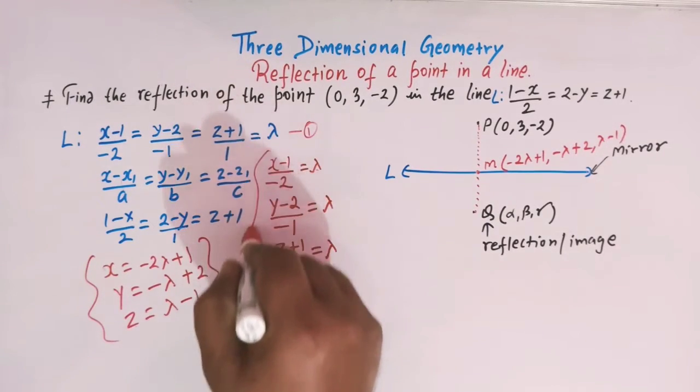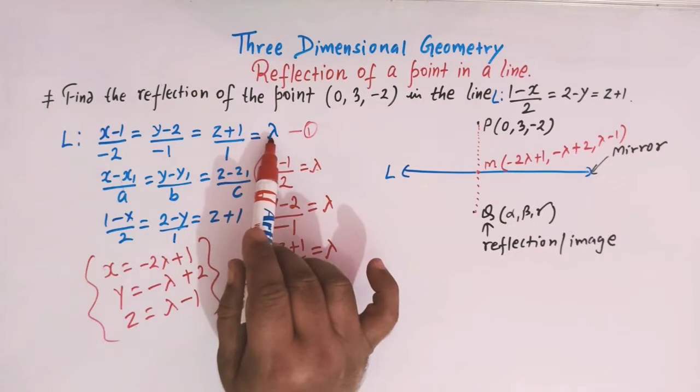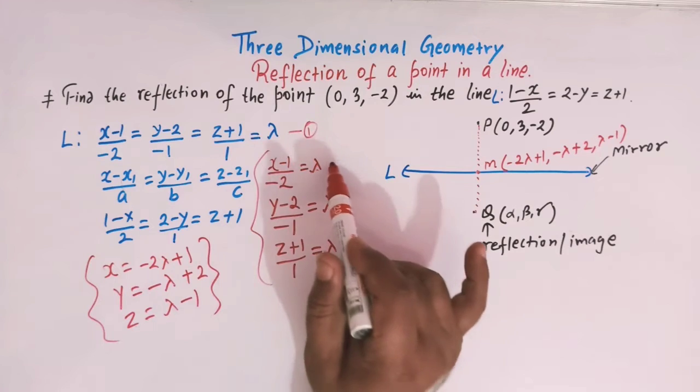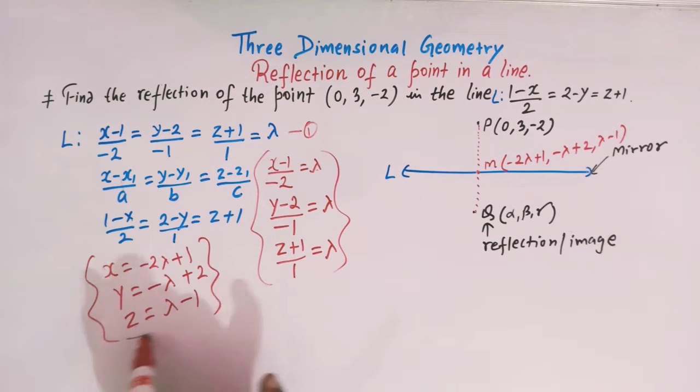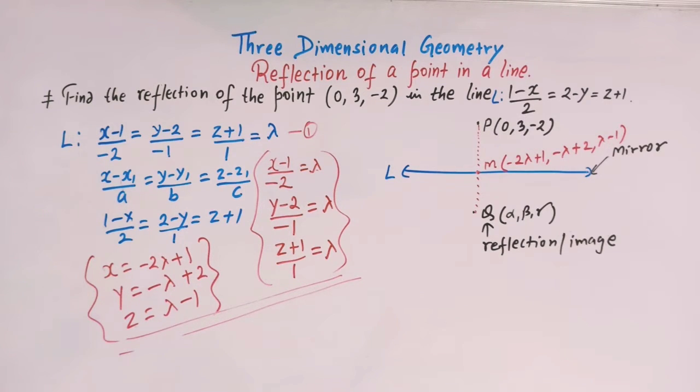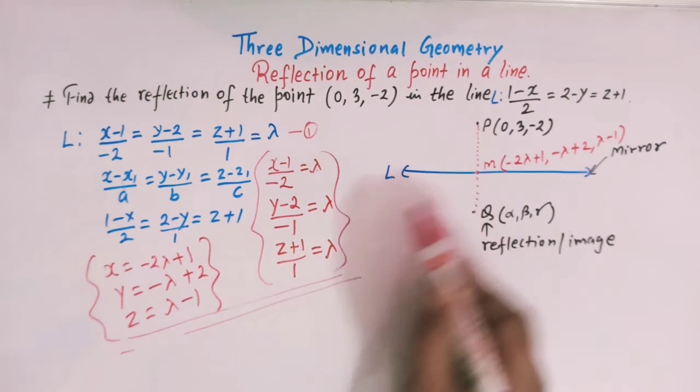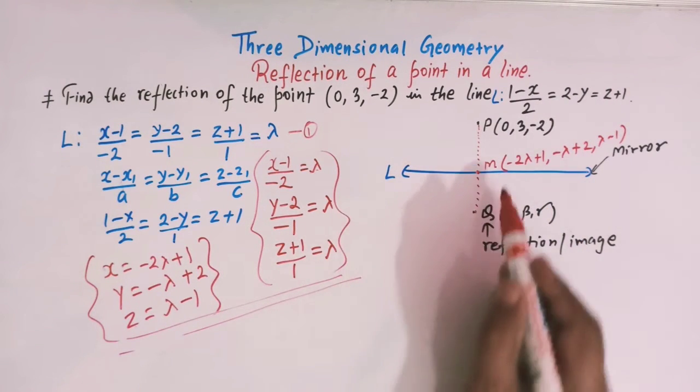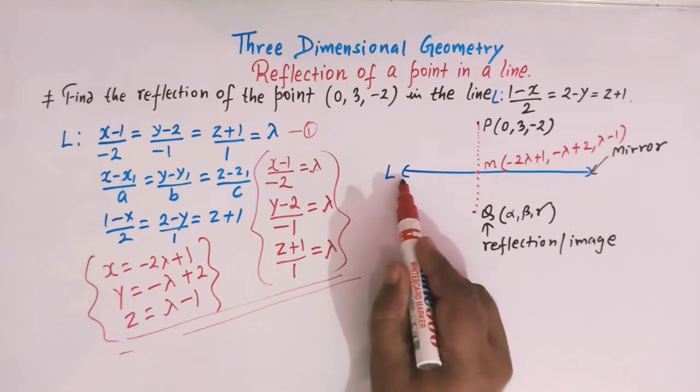Because this method, when we take a scalar as lambda, is primarily used for finding out the coordinates of the general point lying on a line, right? So here for some value of lambda, the point M will lie on this line L.